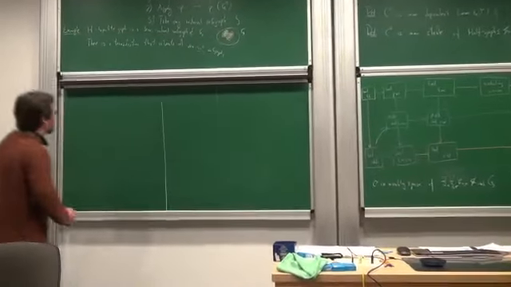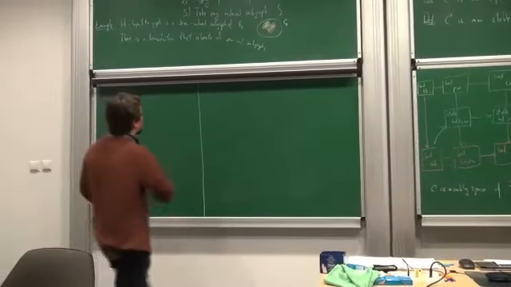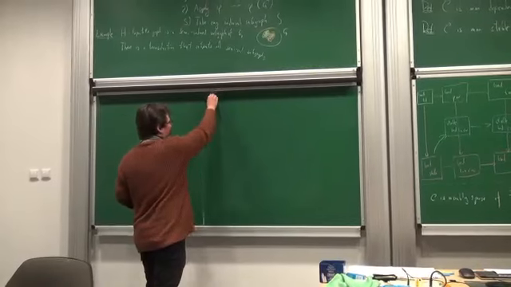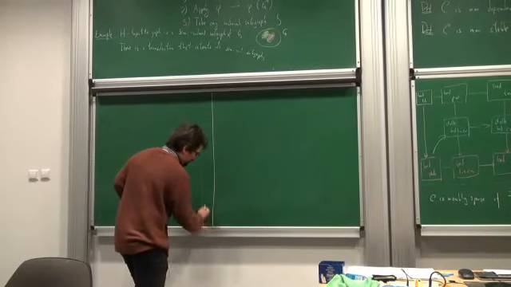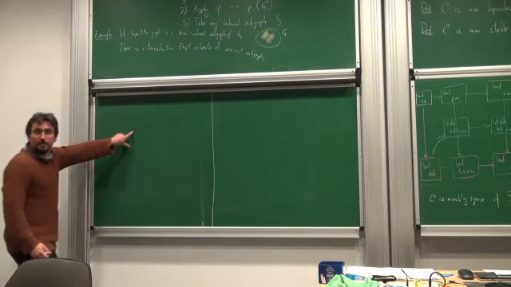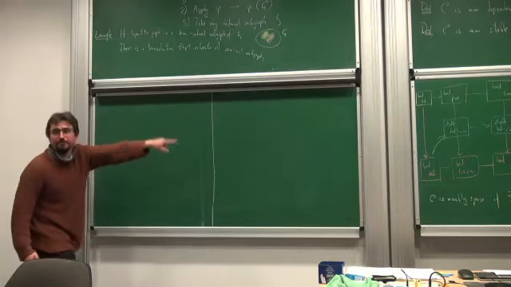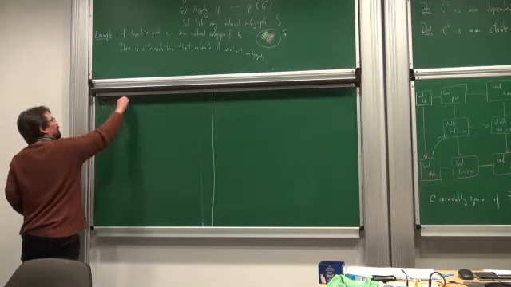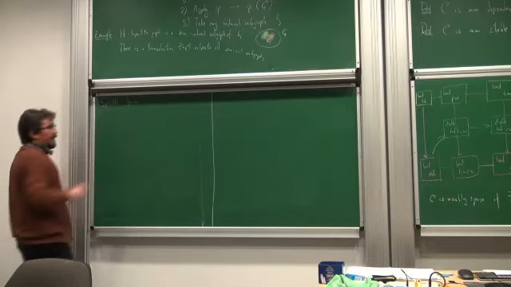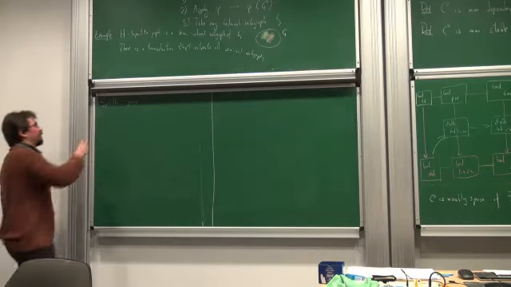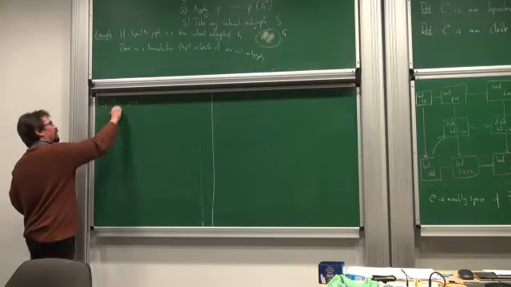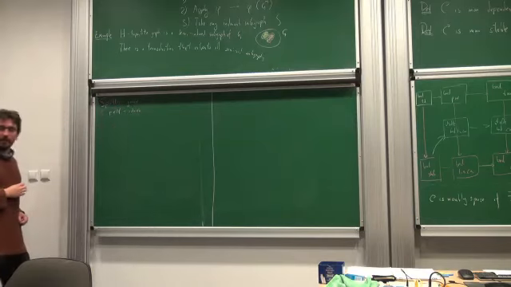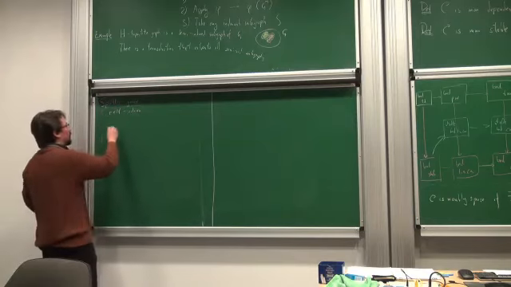So I will now divide this board into two halves. And here there will be the splitter game, and there will be the splitter game. So the splitter game is a game played on a graph. There is a fixed parameter R, which is the radius of the game. And there are two players.